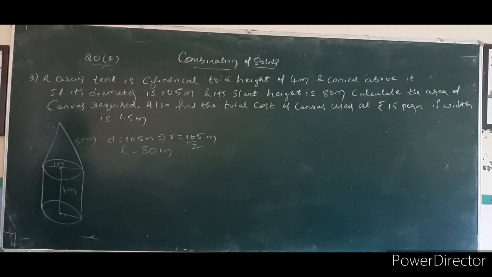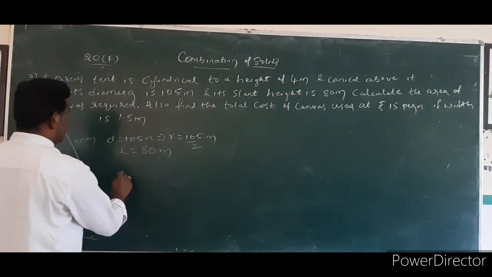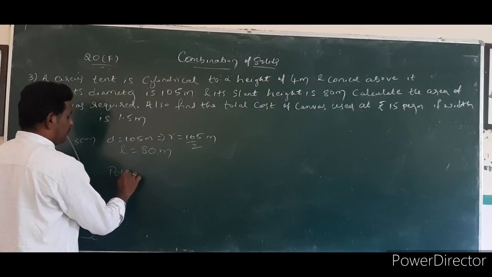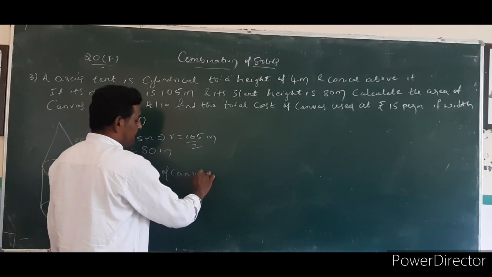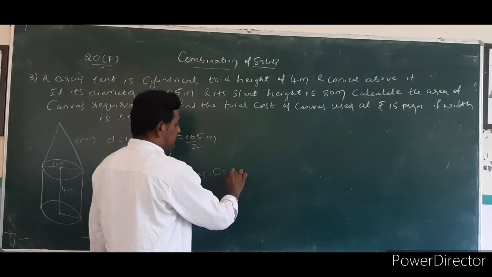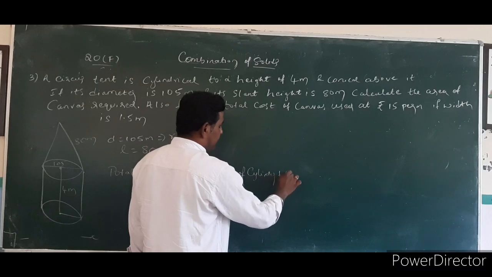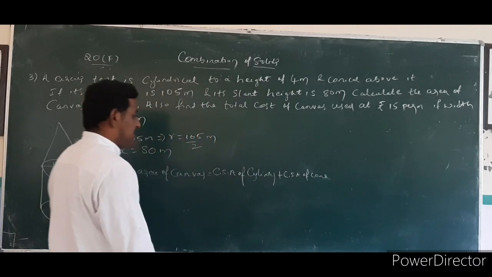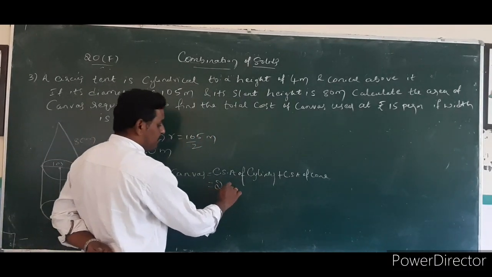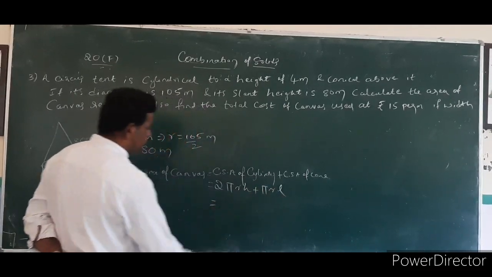So first we have to find the total surface area. Calculate the area of canvas. Total area of canvas is equal to CSA of cylinder plus CSA of cone. What is the CSA of cylinder? 2 pi r h. Cone is pi r l.